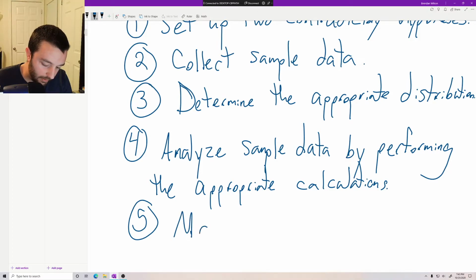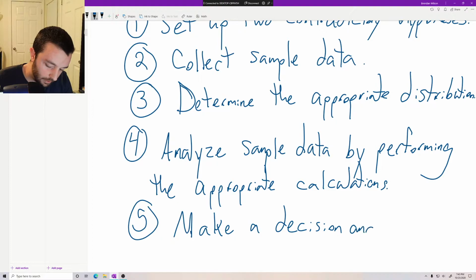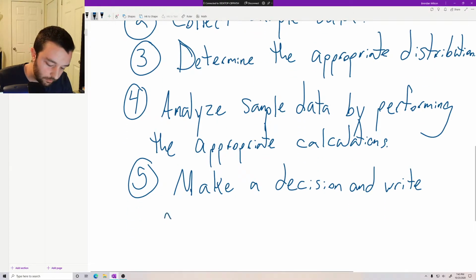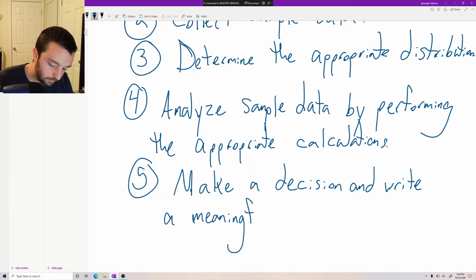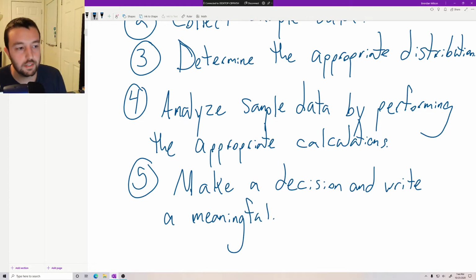And then we're going to make a decision. Make a decision. And we would want to write a meaningful conclusion. Okay, so this is basically how all scientific research would be done. When you hear things like, there's no statistically significant difference, that's coming from a hypothesis test.